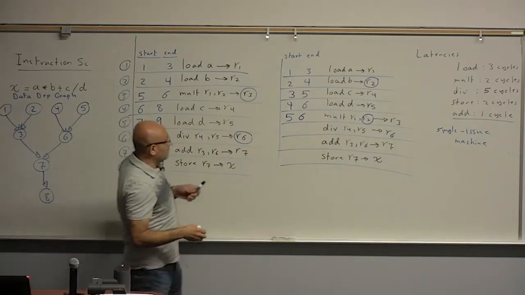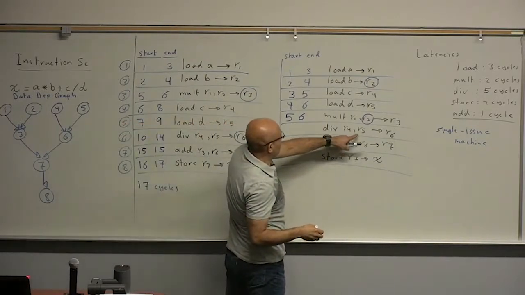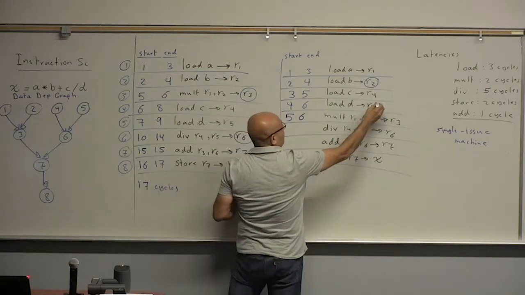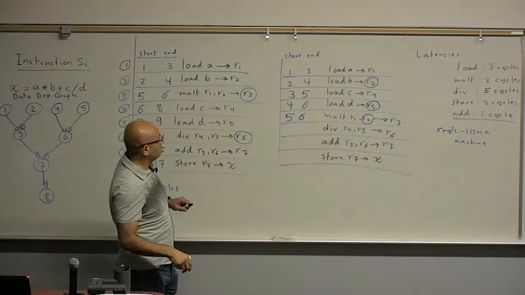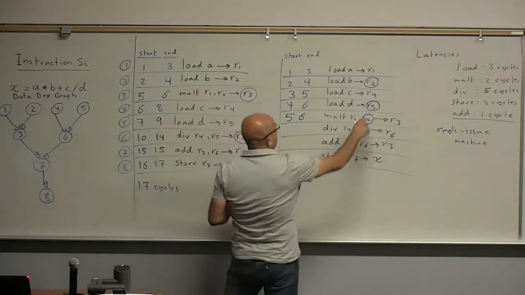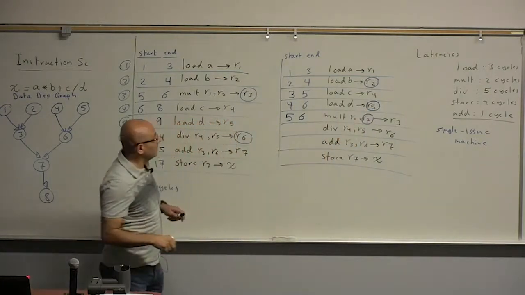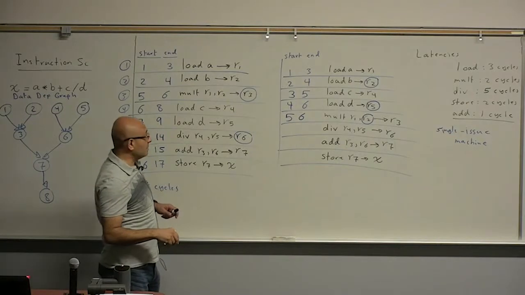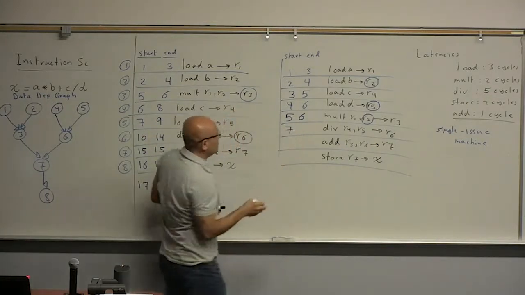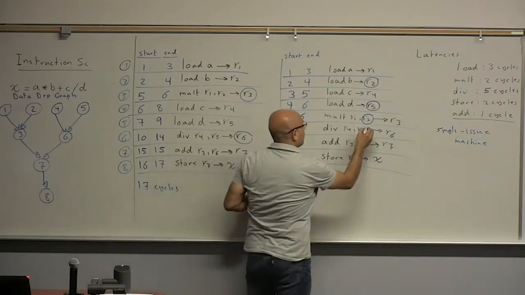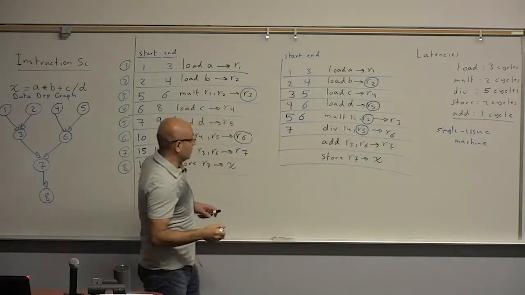Then the divide is dependent on R4 and R5. So the latest result that it needs is in R5, and this will be available in cycle 7, right? Yeah. So the divide is going to start in cycle 7 because it needs the R5.